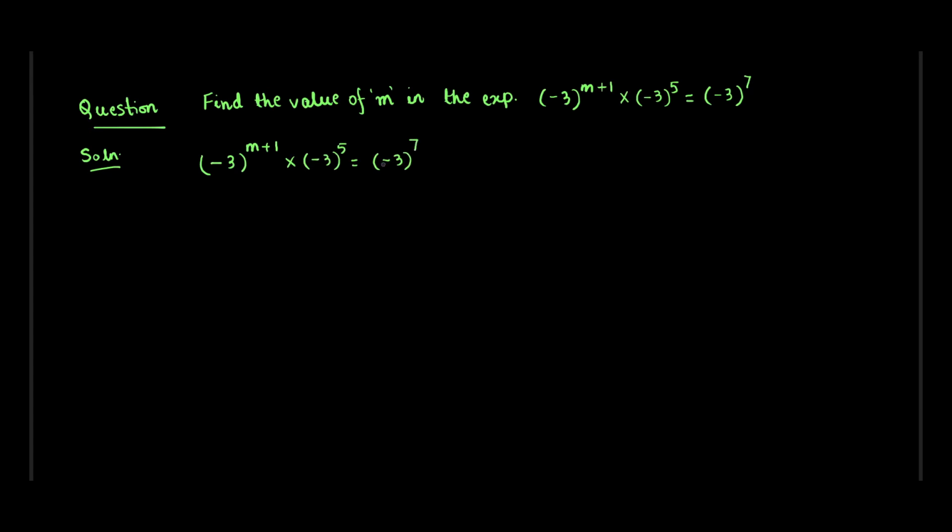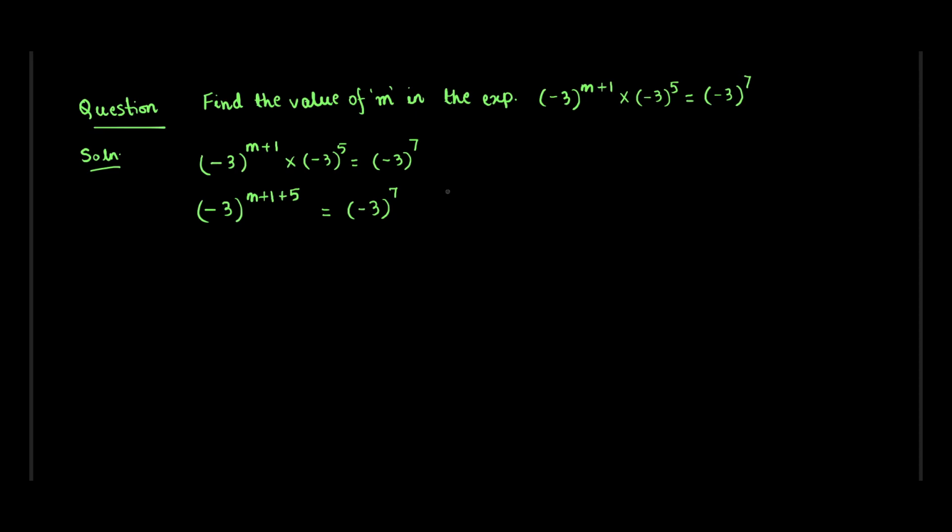So again, in the first step, as you can see, the bases are same, the powers are different. So using the law, we can write minus 3 to the power m plus 1 plus 5. The powers will be added, equal to minus 3 to the power 7.